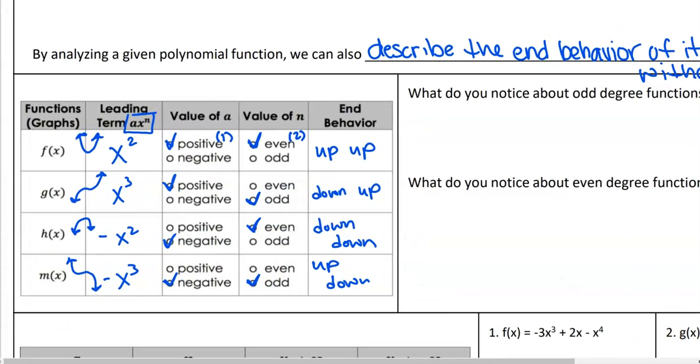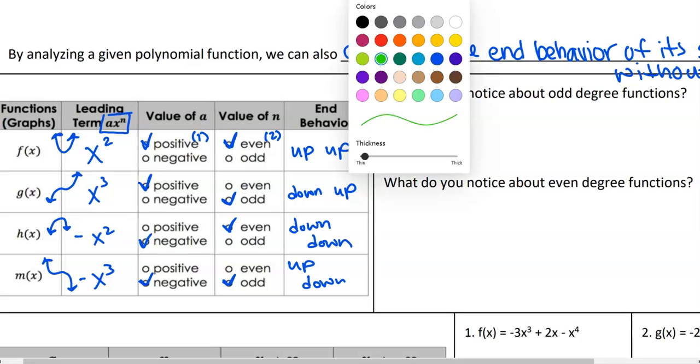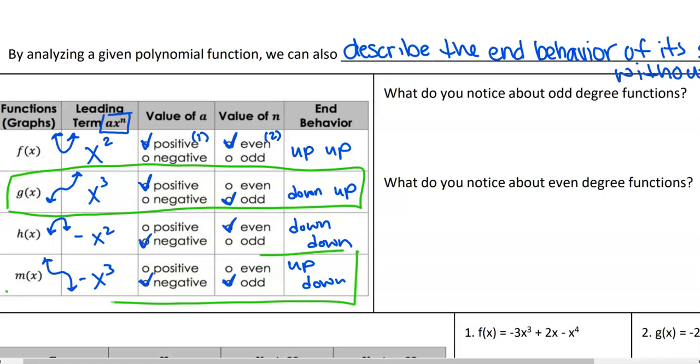So looking at these, what do you notice about odd degree functions? Okay, so odd degree. So we're looking here and we're looking here. What'd you say? One down and one up.